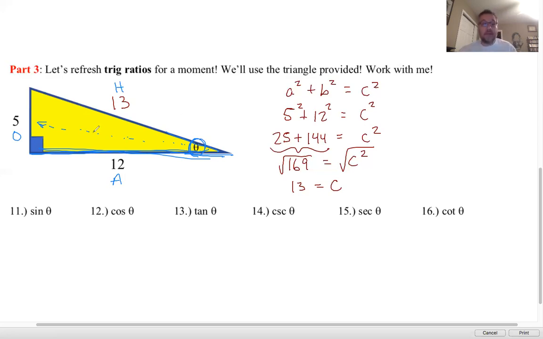So now that we have opposite, adjacent, and hypotenuse labeled, we should be able to do this. Now, it might be helpful for you to write down the little jingle, SOH CAH TOA. So that's a little jingle. That means sine is opposite over hypotenuse.